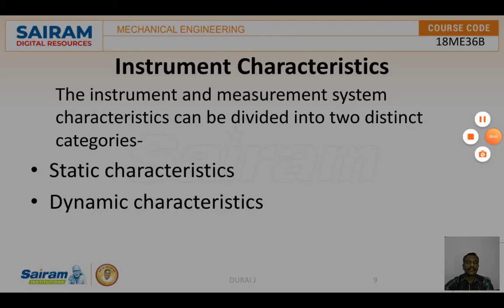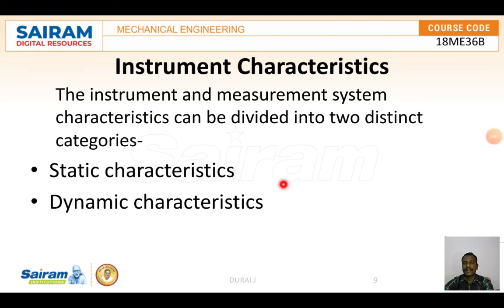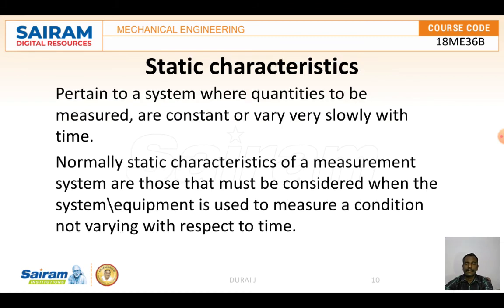Then we come to the next topic, instrument characteristics. Instrument and measurement system characteristics can be divided into two distinct types: static characteristics and dynamic characteristics. Static characteristics pertain to a system where the quantity to be measured is constant or varies very slowly with time.